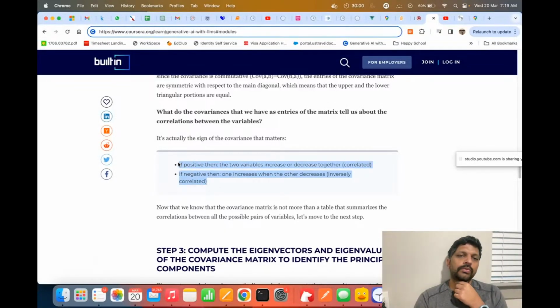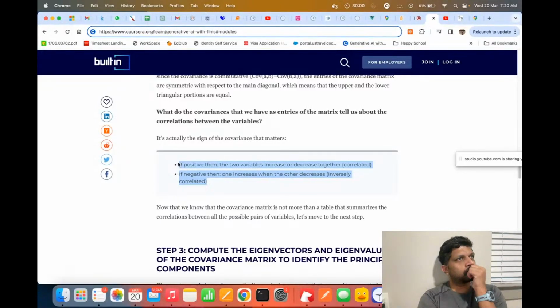This is how the covariance will work, is what they were saying. So covariance is the sum or mean of the multiplication of differences from the mean.